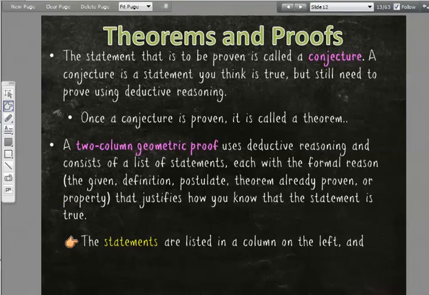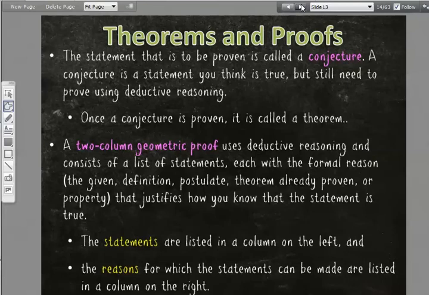The statements are always listed in a column on the left, and the reasons for which the statements can be made are listed in a column on the right. And like I said, this is all just verbiage that we need to know that you'll probably be tested on, but we're going to get to the illustration and start working examples in just a moment so you'll be able to understand it all.